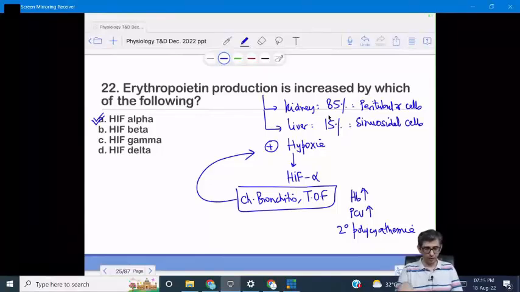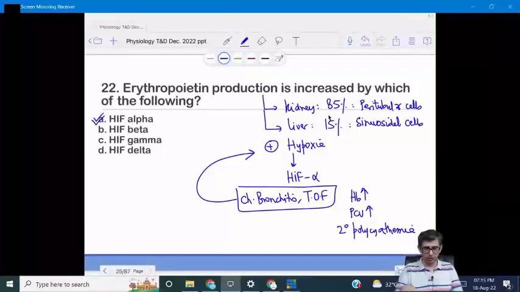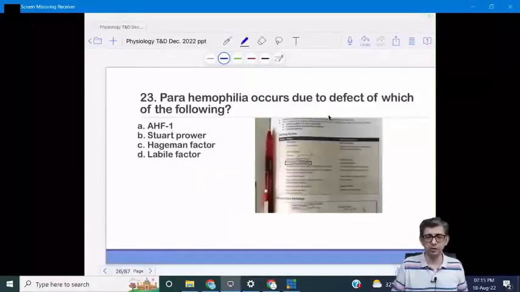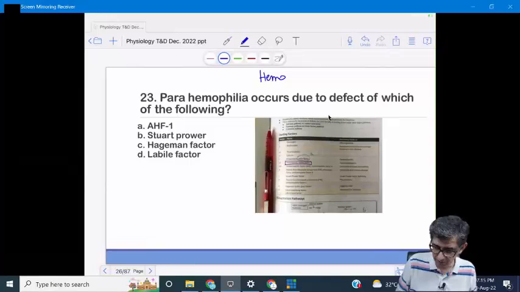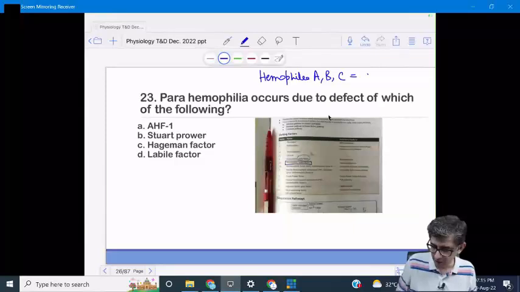Okay, 22 is sorted. We come to 23. Parahemophilia occurs due to defect of which of the following? So, there are hemophilia A, B, C, which would be related to defect of factor 8, factor 9, and factor 11 deficiency.